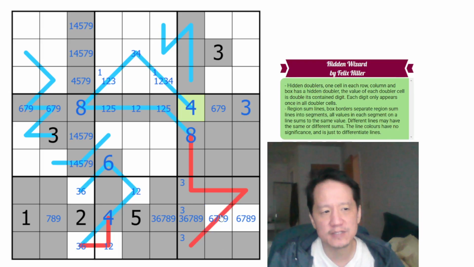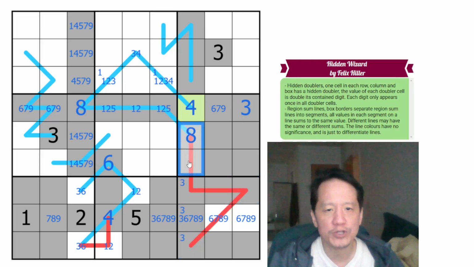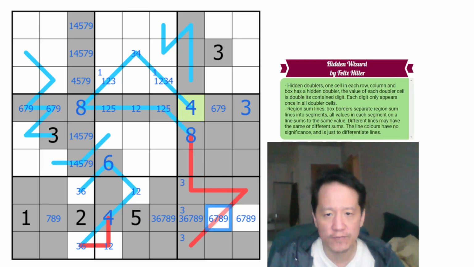That would mean this is at minimum 12. And the rest of the cells would have to add up to 10 at minimum. So this segment would then add up to 22, which 2 cells which don't have a doubler cannot add up to. So this cannot be a doubler. Therefore, this is a doubler, which means none of these are a doubler.